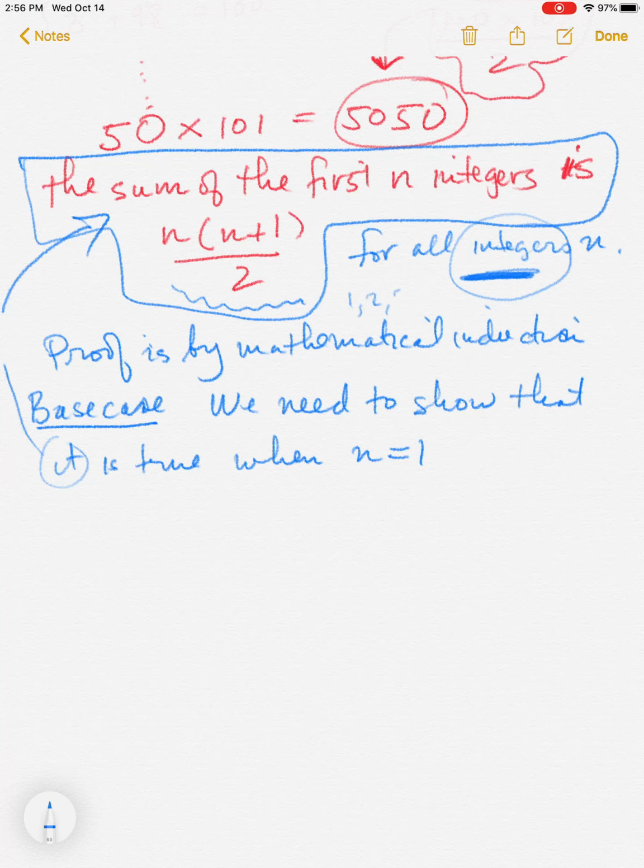It goes 1, 2, 3, 4. I should say positive integers. Okay, so we need to show that this claim is true when n equals 1.